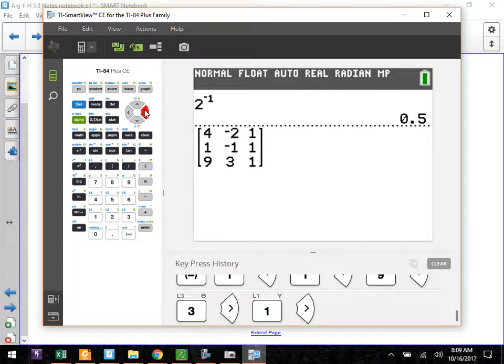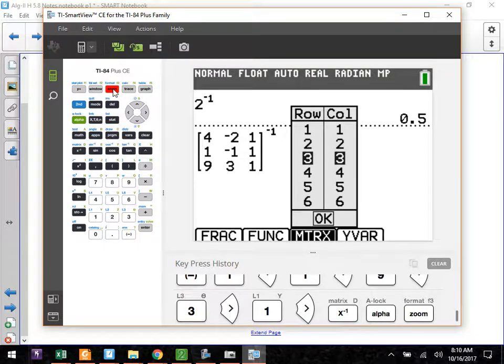Now to that, I have to put it to the -1 power. It's okay. Hold on. You haven't done the last part then. Now we have to multiply that times the solution matrix. Make another matrix. Alpha zoom. You don't have the multiplication sign in there, because when they're put together like that, it's automatically multiplication.